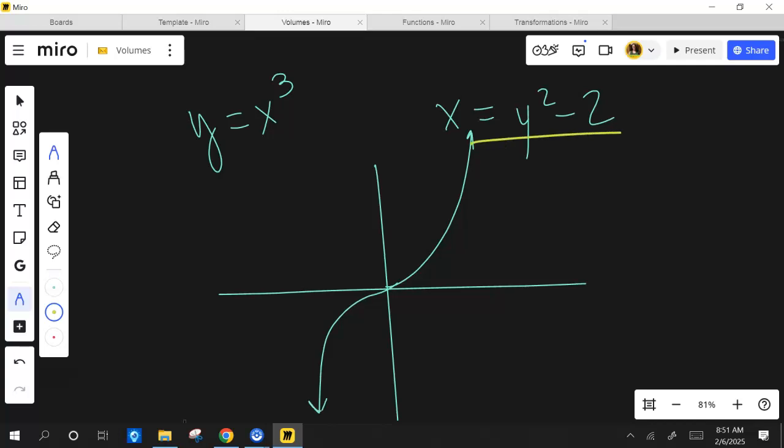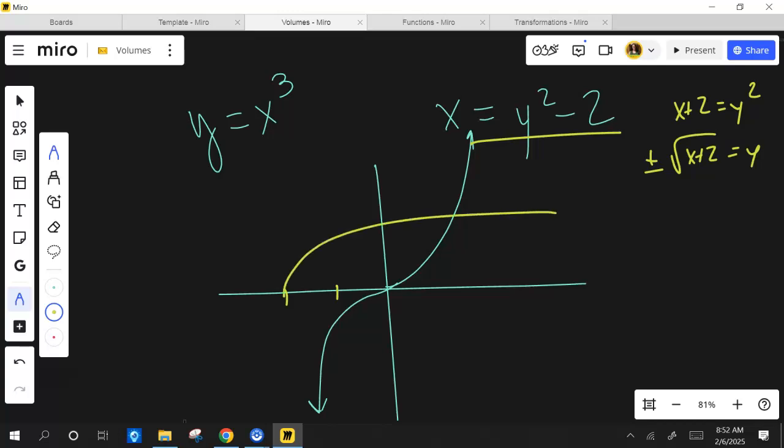This one, not quite so much. But if I solve it for y, I get x plus 2 equals y squared. I have the square root of x plus 2, but remember how we talked about that plus or minus? It's really just slid to the left 2. It looks something like this.